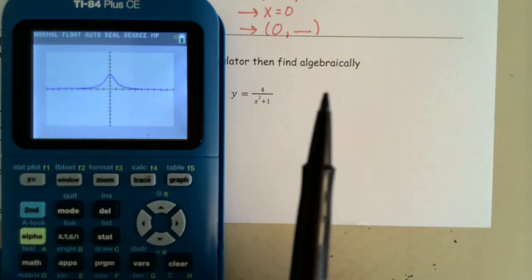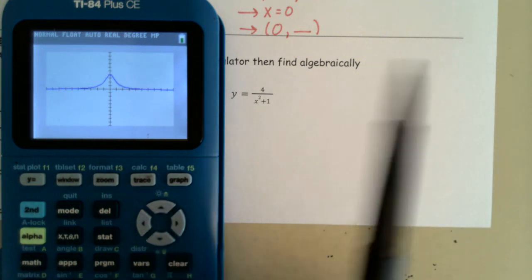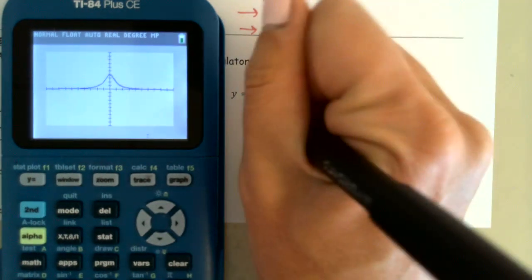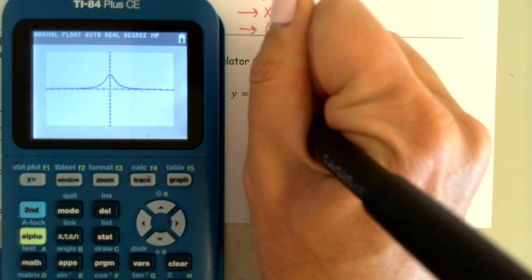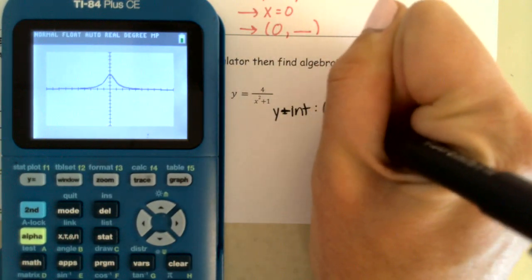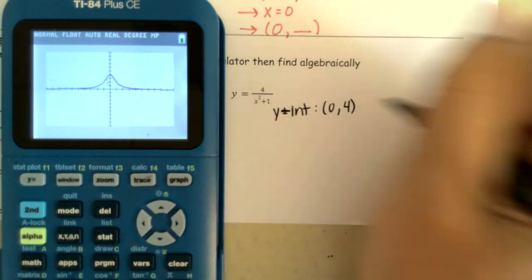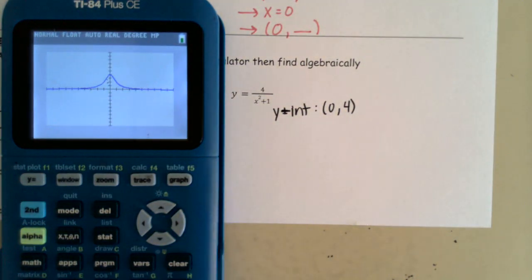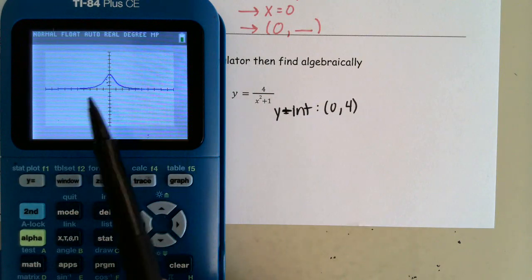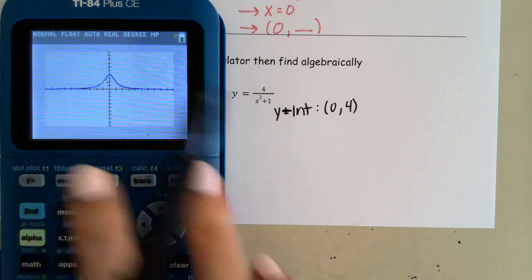So we hit our graph. Ooh, that one's an ugly one. So my y-intercept is pretty easy. My y-intercept is at 0, comma, 1, 2, 3, 4. Okay, that one's pretty easy. My x-intercepts, though, I don't see it. So I'm going to go to my table because I can check my table.